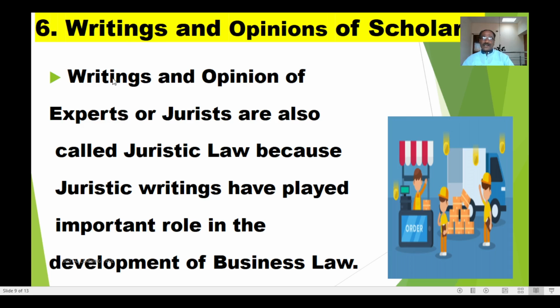Juristic law is nothing but the writings and opinions of the experts or jurists. Whatever opinions all the jurists or experts of the law have given, and also their writings, that writings as well as the opinions of the experts or jurists are called juristic law, because juristic writings have played an important role in the development of business law.